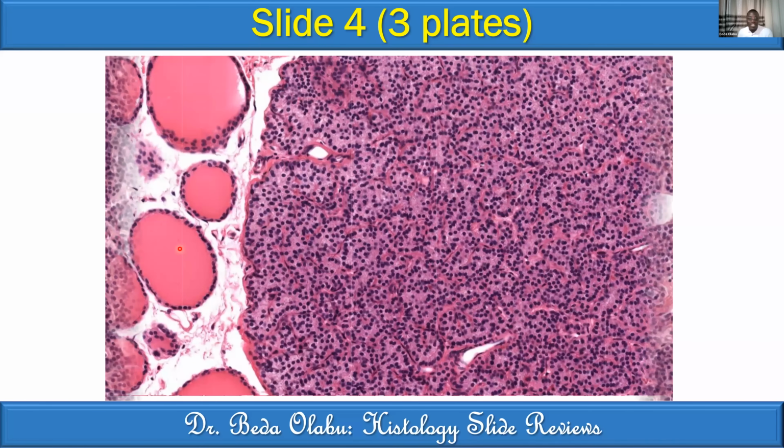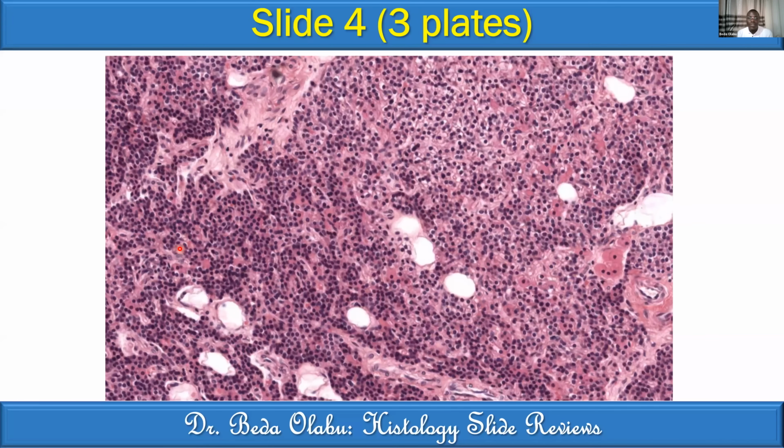The third magnification is purposely put here to help us understand that there are different morphologies of cells. Now let's name them. The largest are the adipocytes. The second largest, with staining cytoplasm, are oxyphil cells.